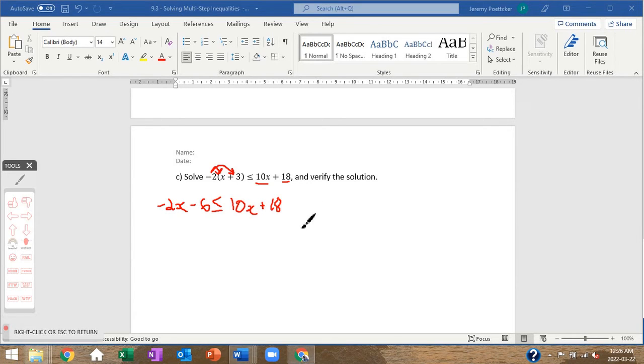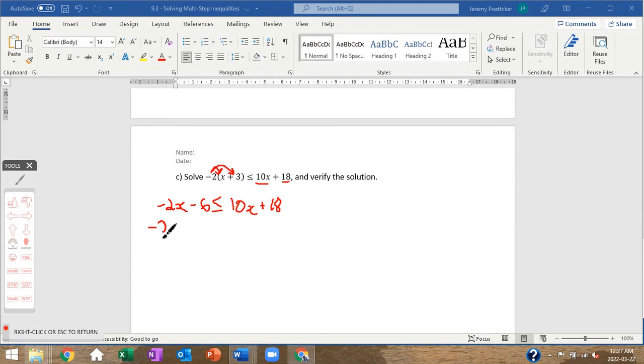All right, so now we've got to figure out what we're going to do with the variables. In all reality, I'm going to have negatives no matter what I do. So let's move the variables to the left side and the constants to the right-hand side. How do I move the variables over here? Well, I'm going to subtract. I'm going to get rid of 10x, so I'm going to subtract 10x from both sides.